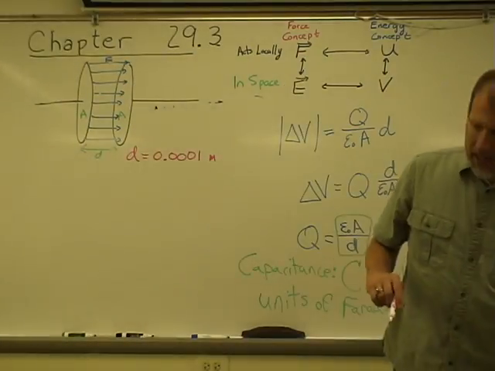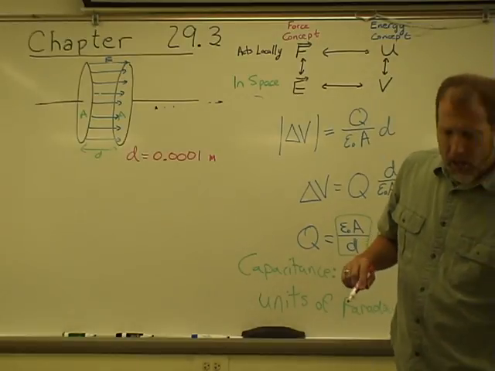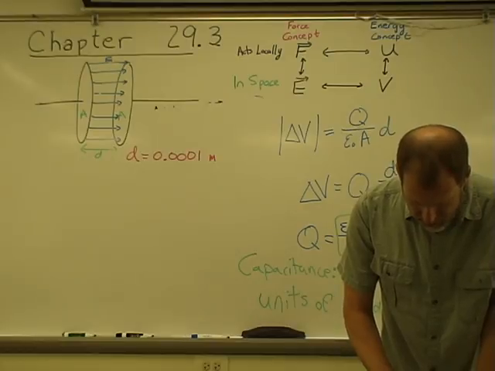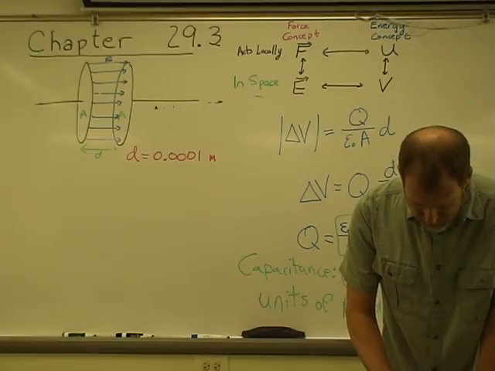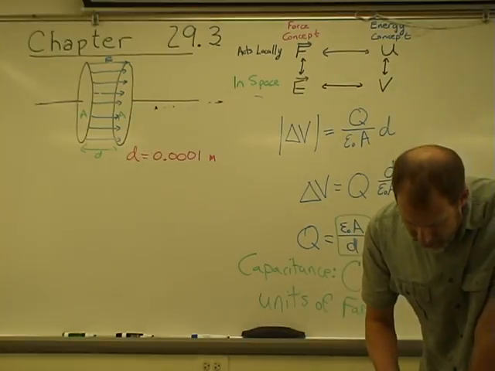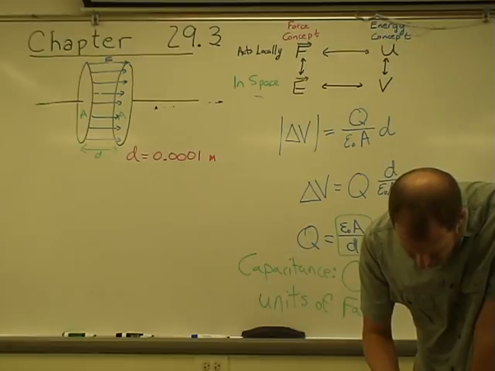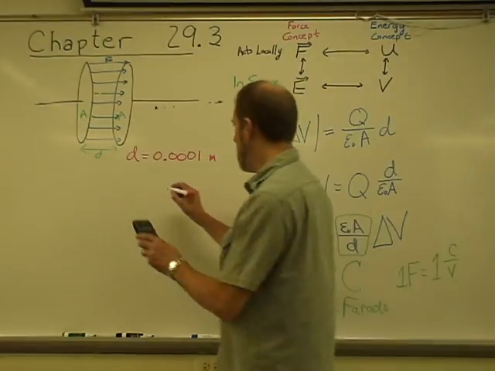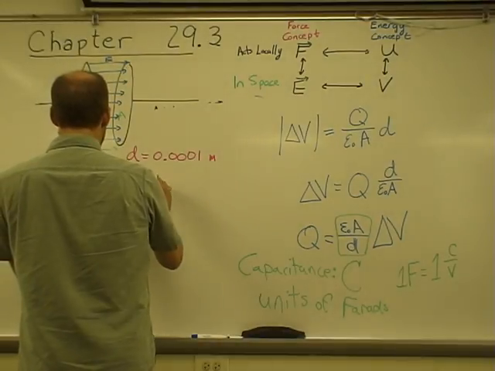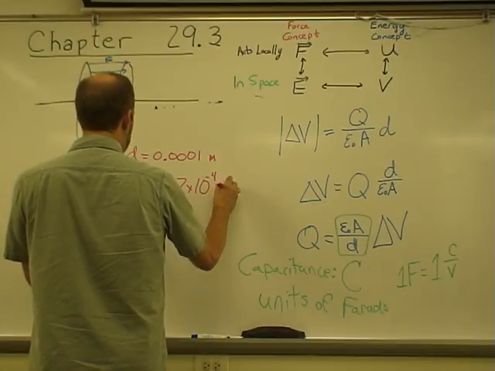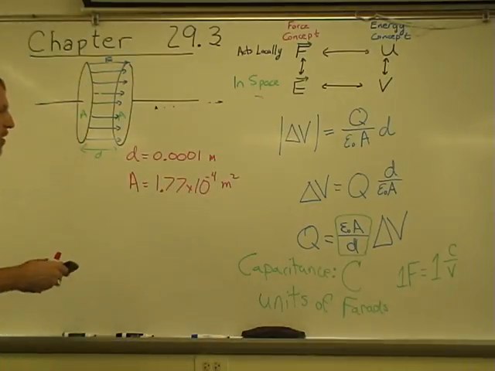Say it's about 1.5 centimeters across, then the cross-sectional area is the radius squared times pi, or an area of 1.77 times 10 to the minus 4th square meters.